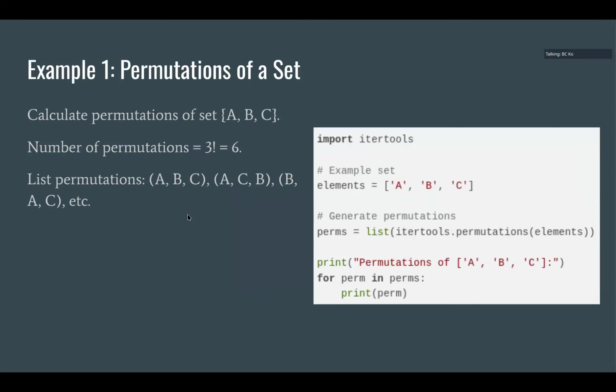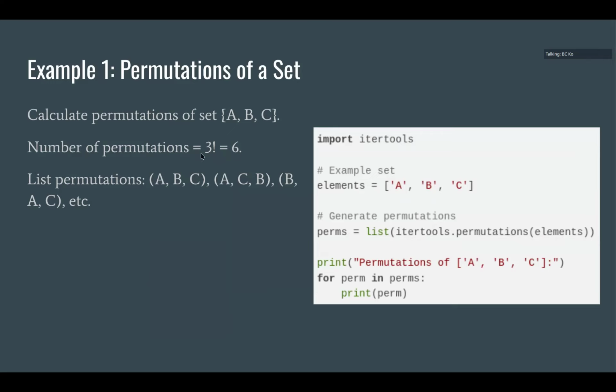Example 1, permutations of a set. So you want to calculate the permutations of the set that contains A, B, and C. So this set has 3 elements. In order to find the number of permutations, you can calculate 3 factorial, which is 3 times 2 times 1, giving us 6.